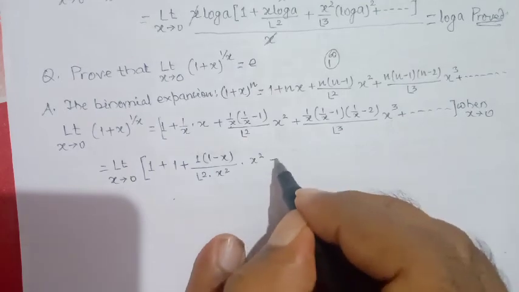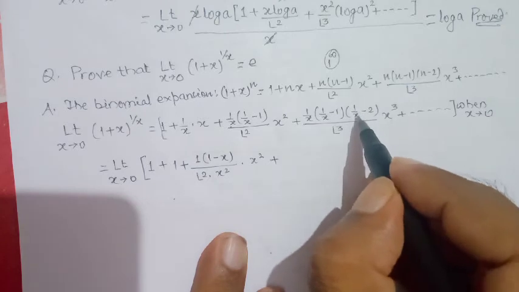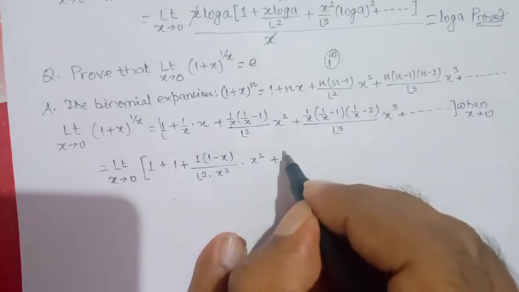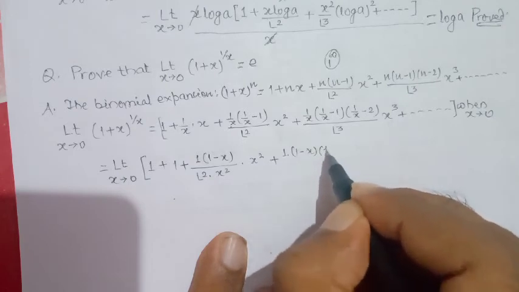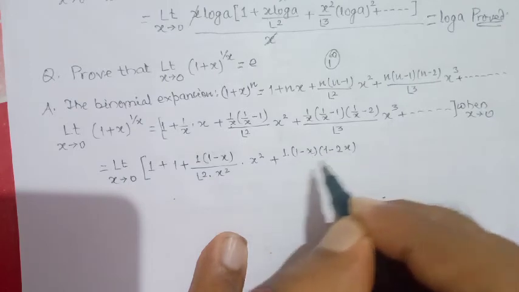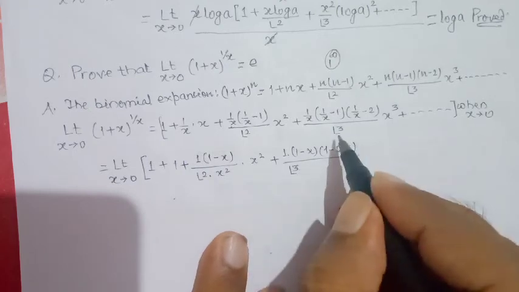Similarly, here 1 minus x, 1 minus 2x. So 1 into (1 minus x)(1 minus 2x) divided by factorial 3 is already here.